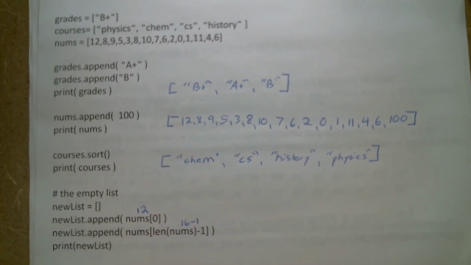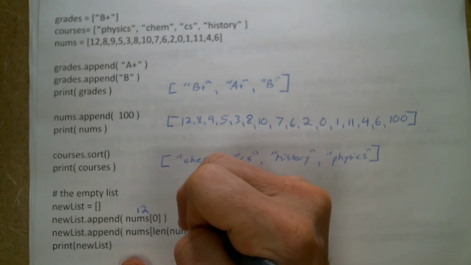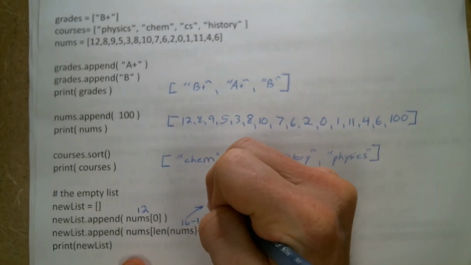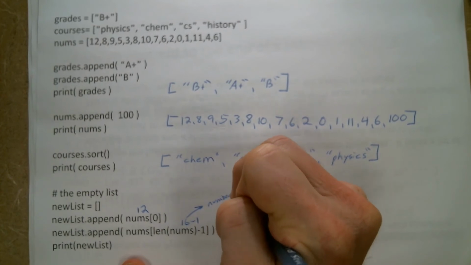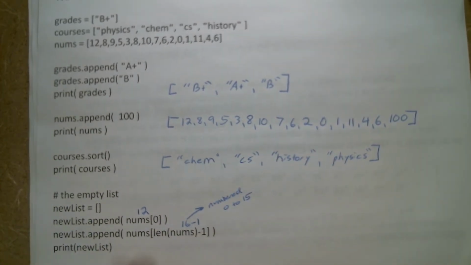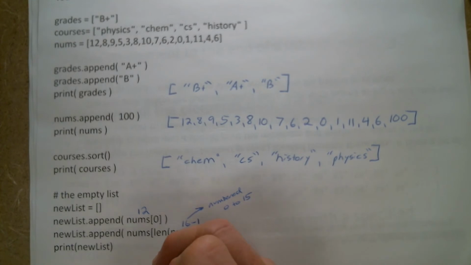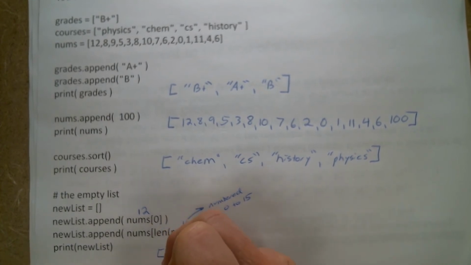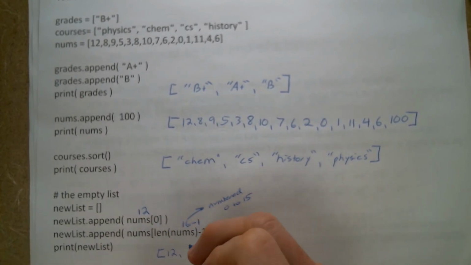And the minus 1 is important because even though there are 16 elements, they are numbered 0 to 15. So by subtracting 1, we're getting that last element, which in our case is the 100. So when we print new list, it's just going to print out a 12, comma 100.